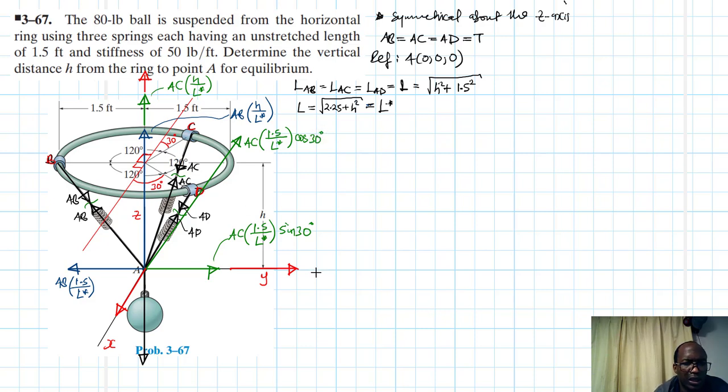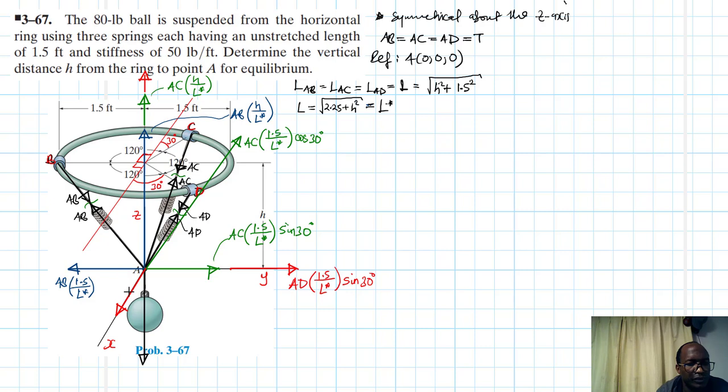Then the other one, we have AD, 1.5 divided by L star. So AD, you're mapping it on the y-axis, we have to sine it, so sine 30 degrees. This 30 degrees, this one here. So we are mapping it on the y-axis like so.